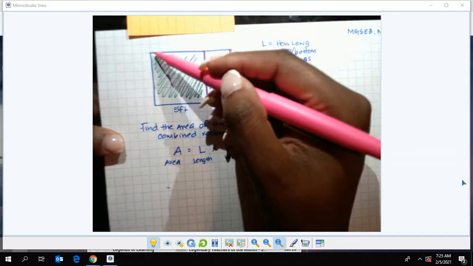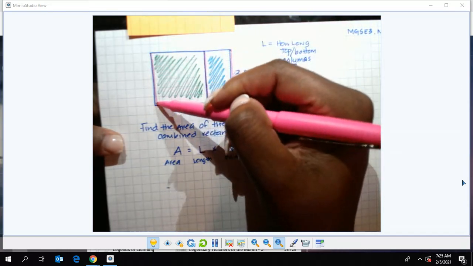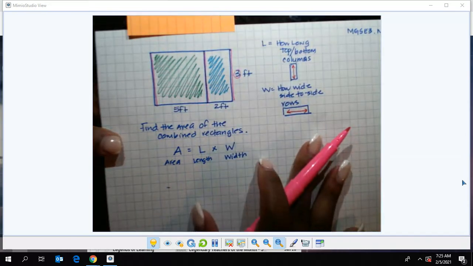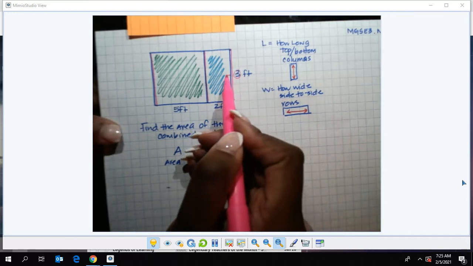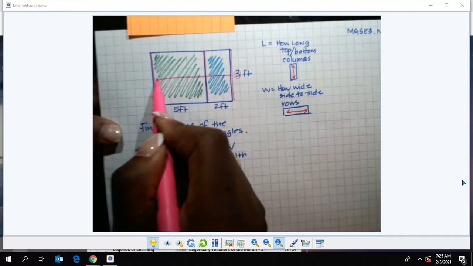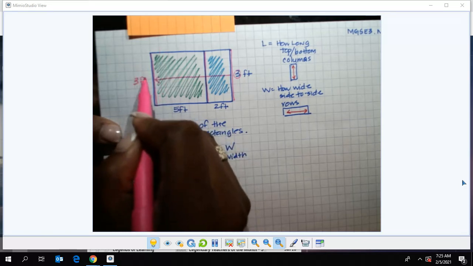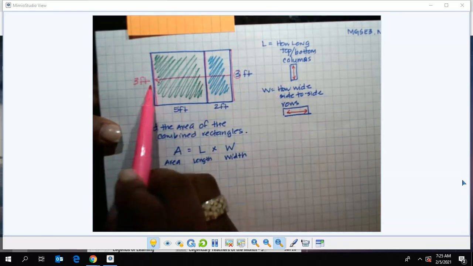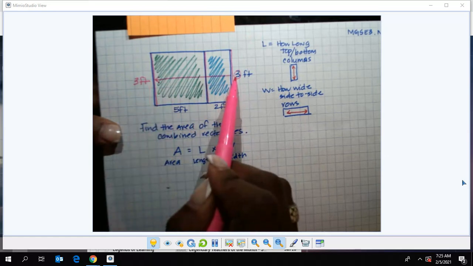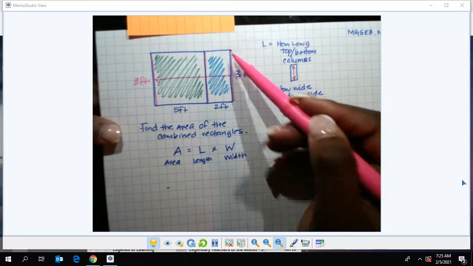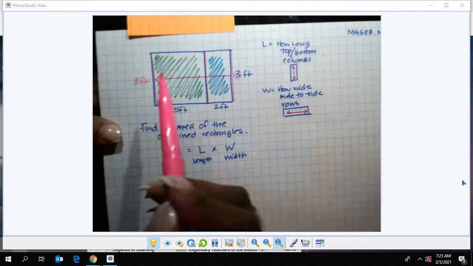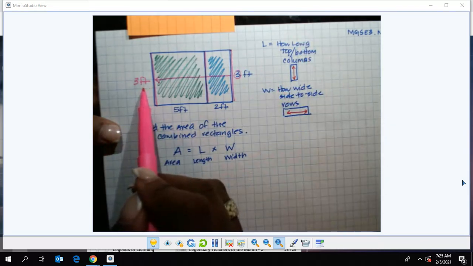And so is this. So we can literally, and I like to draw an arrow just so you know where that 3 feet came from, we can put 3 feet here too, because width is side to side. Okay? So 3 feet here, as long as the distance matches, is 3 feet here.